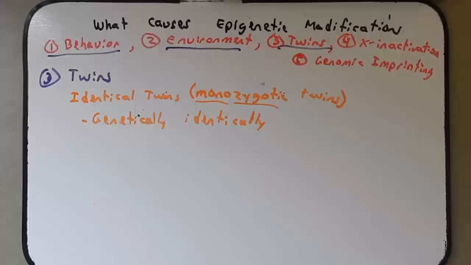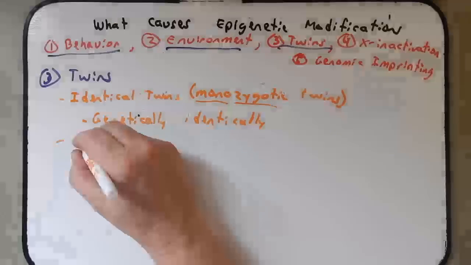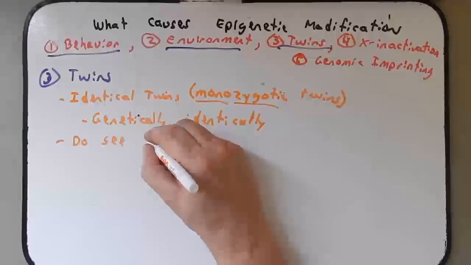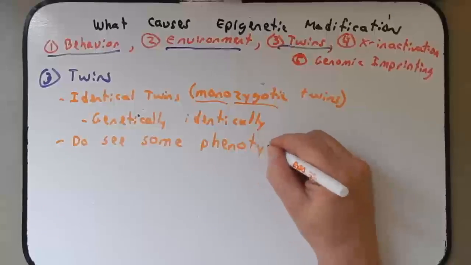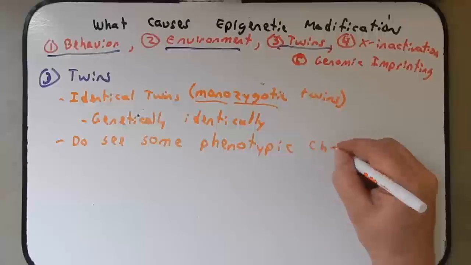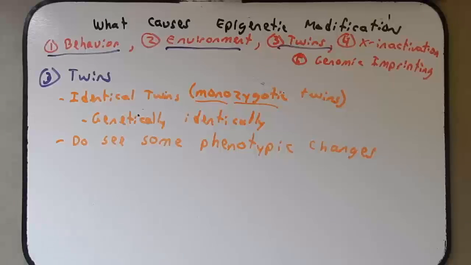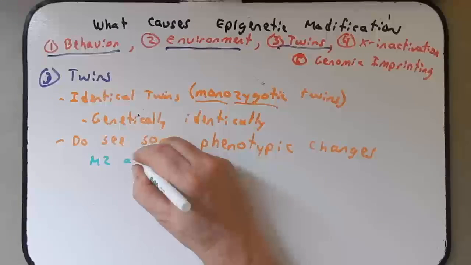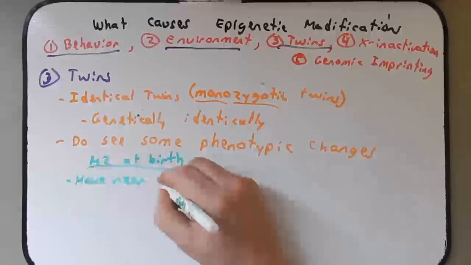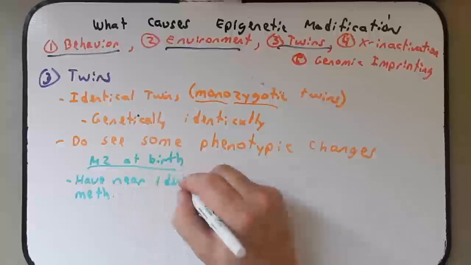However, if you've ever met identical twins, indeed they do often look amazingly similar, but we do see some phenotypic changes. And what some studies have shown is that if you take monozygotic twins at birth, they have near identical DNA methylation patterns.